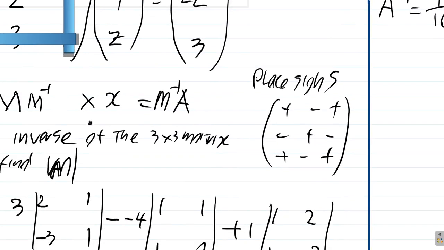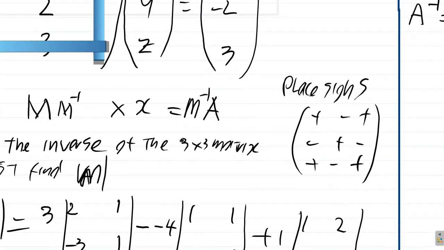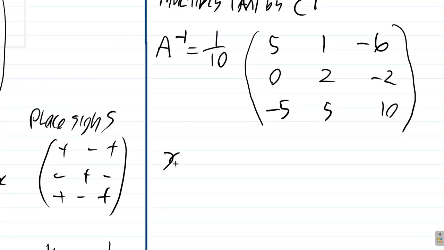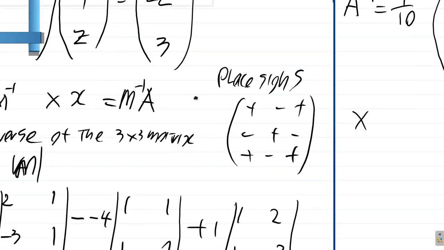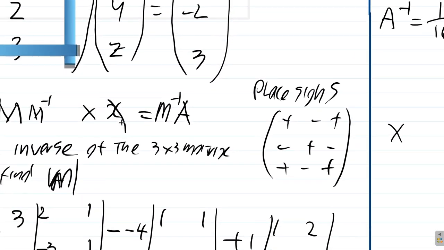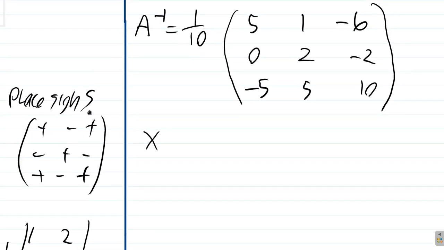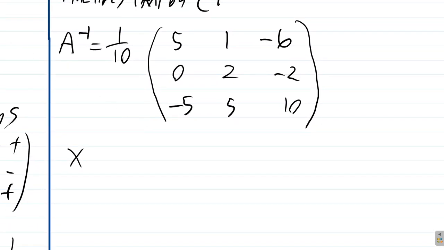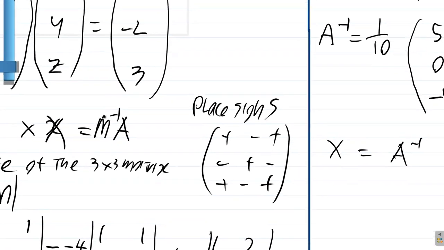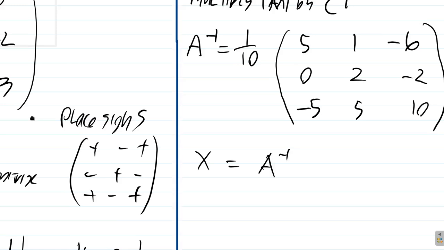Now, what we're going to do to find X. Well, the name of a matrix should really be in uppercase, so uppercase X is equal to the inverse times the answer.